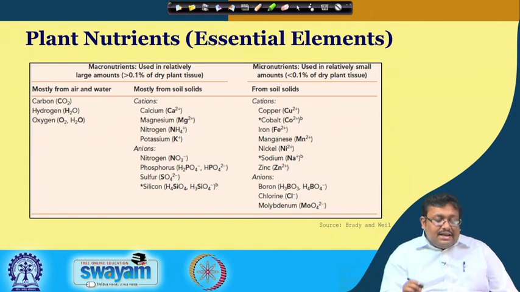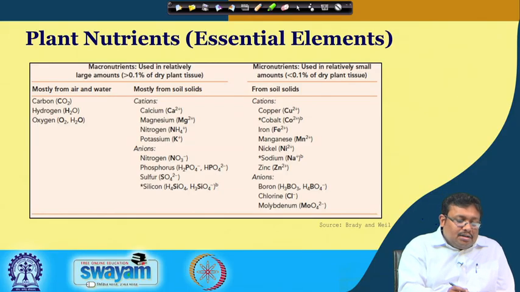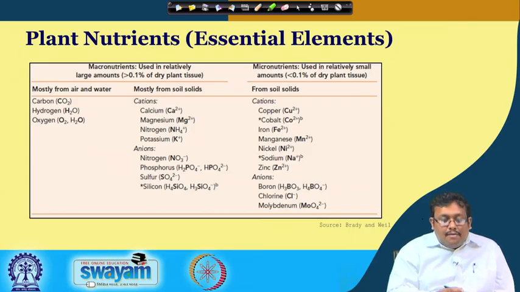So, if you see the essential nutrients of the plant, as you can see in this table, we broadly classify them into macronutrients and micronutrients.